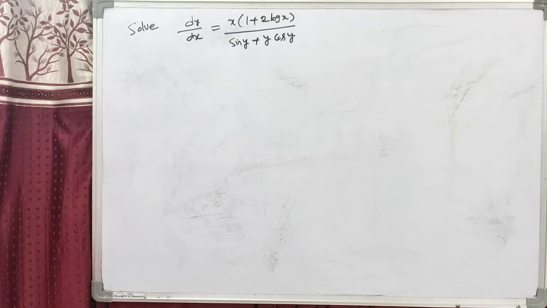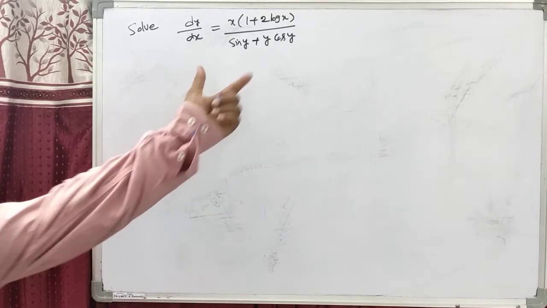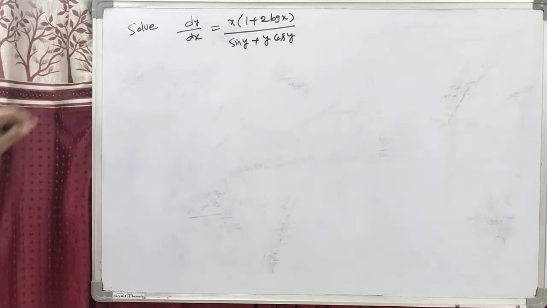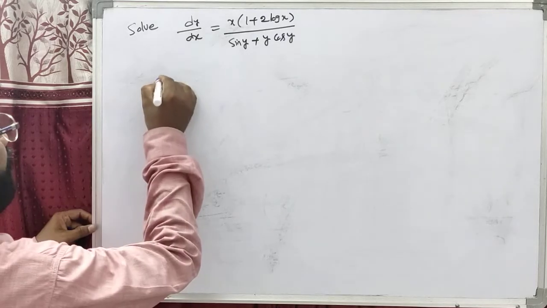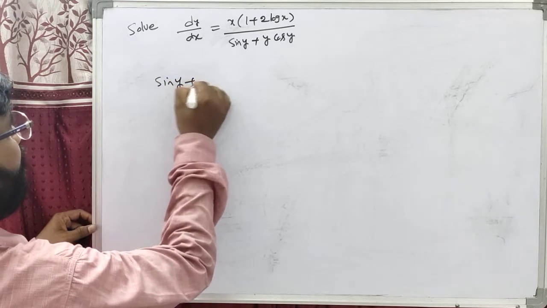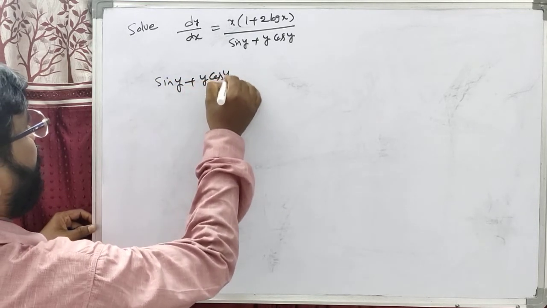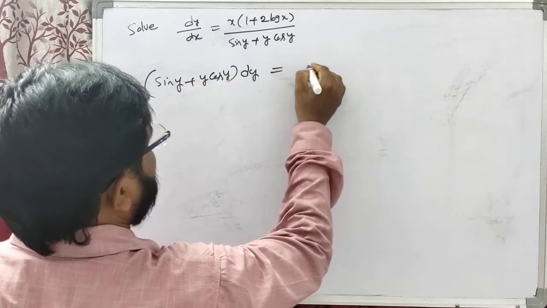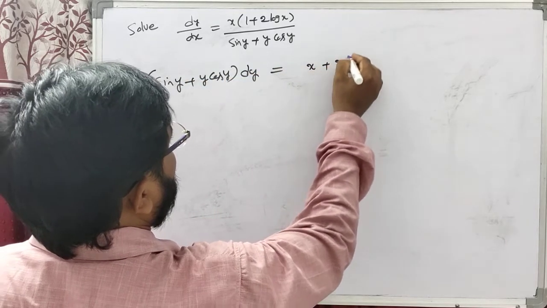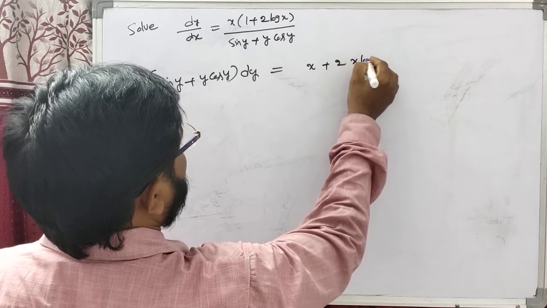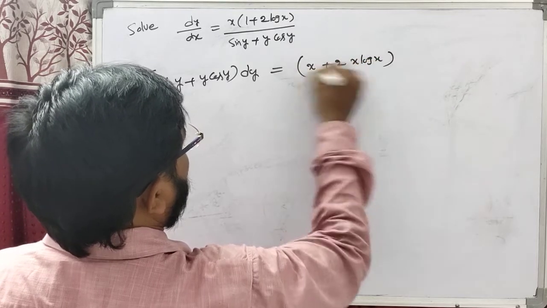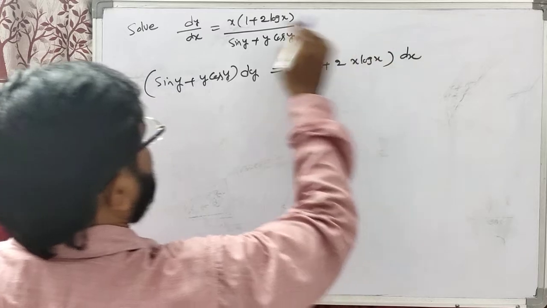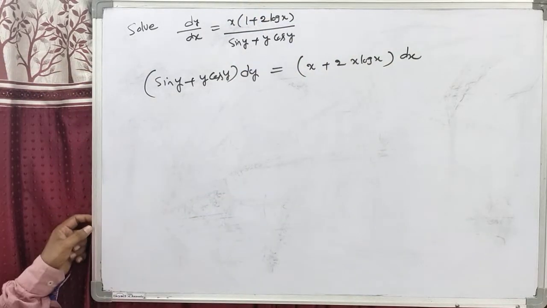Dear students, we observe here directly that we can send the denominator across, then it will be sin y cos y dy equals, dear students, x into 2x log x dx.